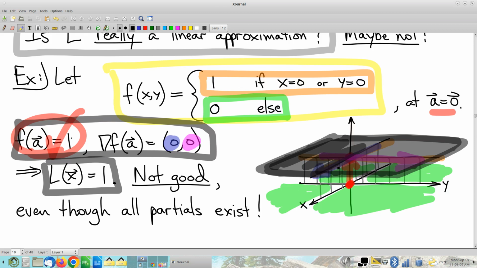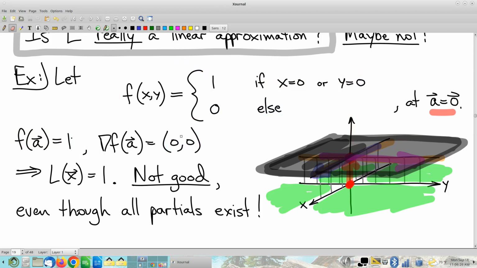Everybody see that? Is this a good linear approximation? I say no. I say this is terrible. This is sufficiently bad that I don't think this is in any sense a reasonable approximation. So now I'm going to erase my picture here because I need to highlight something more specific.